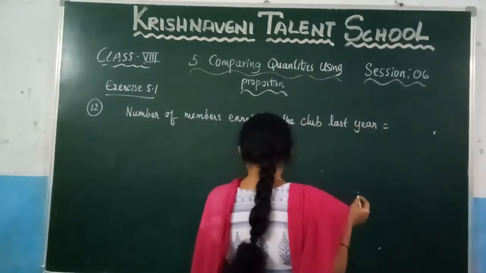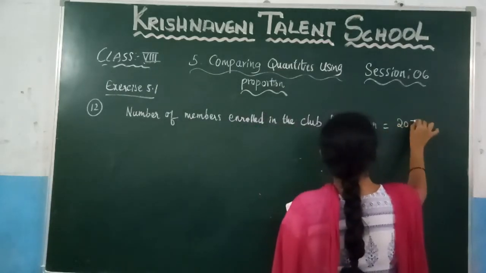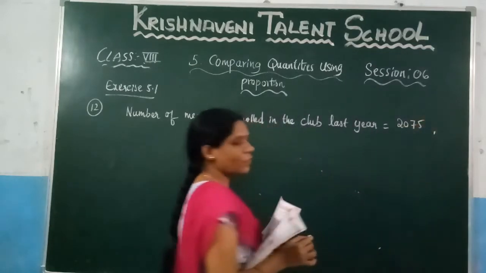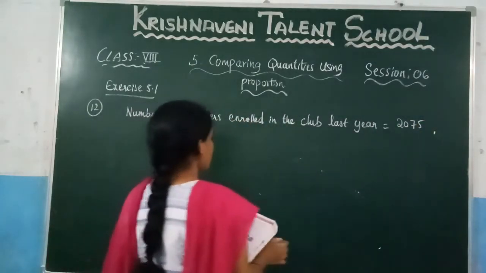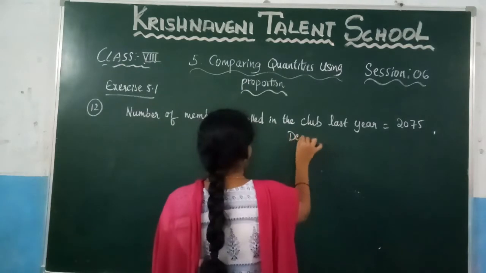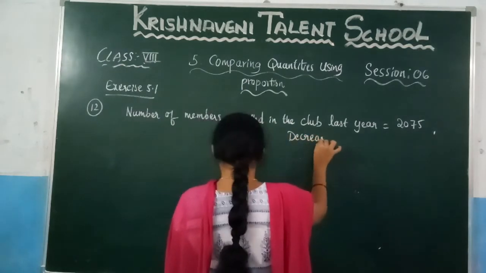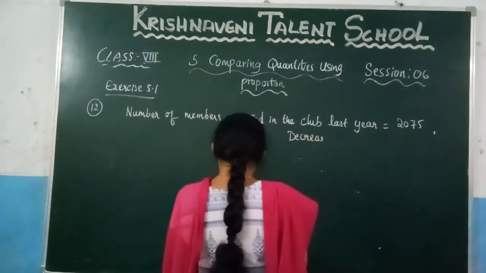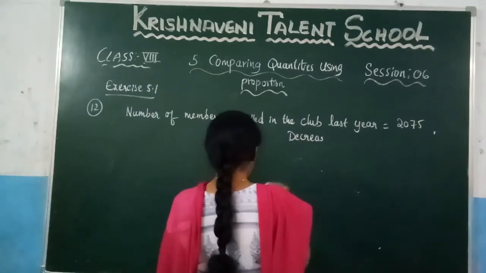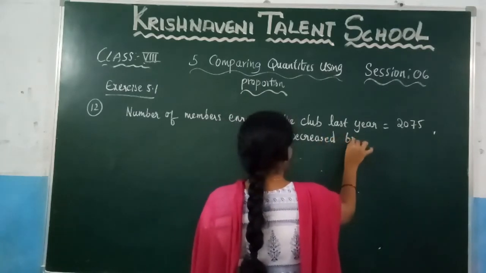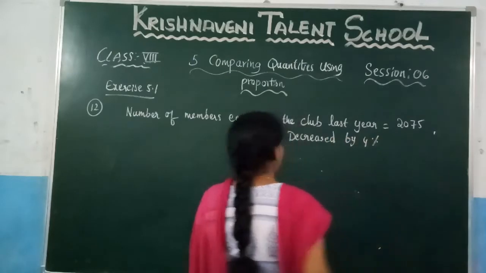How many members enrolled in the last year, which is 2075, and they have given the decrease in enrollment. How much? Decreased by how much? 4% it is decreased.